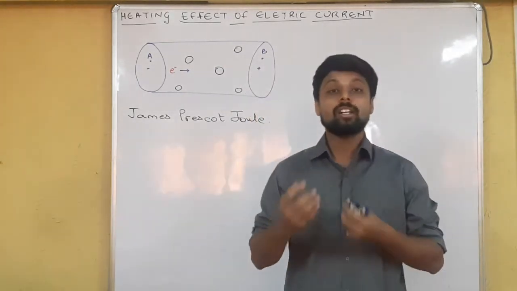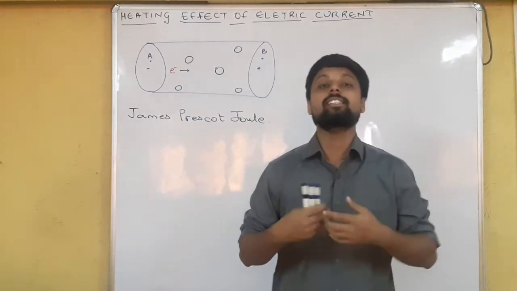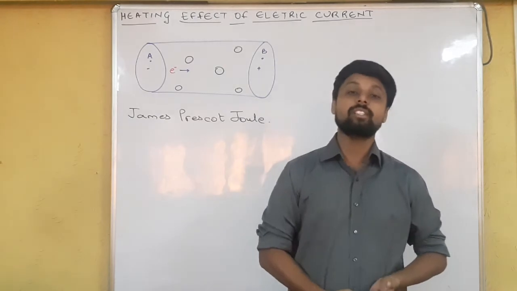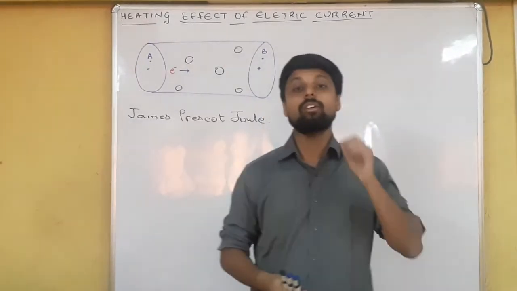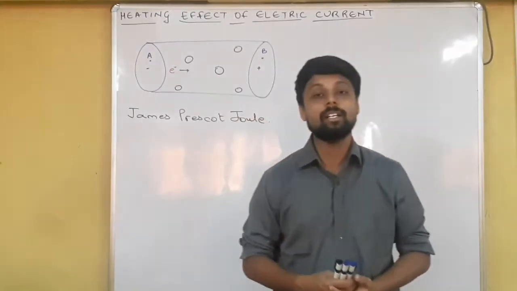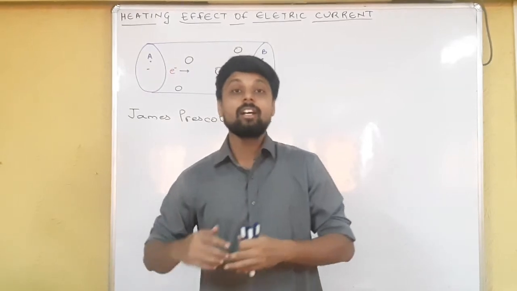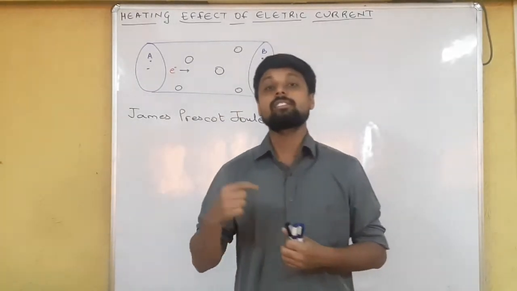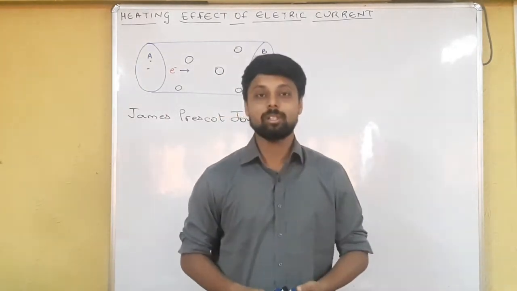Same goes if the resistance of the material is increased. If the resistance of the material is higher, again it will give rise to collisions. More collisions will happen, and again there will be more heat energy. And the third factor on which the heat energy depends is the time duration, for how long our supply is on. The longer the supply runs, the more heat is produced.